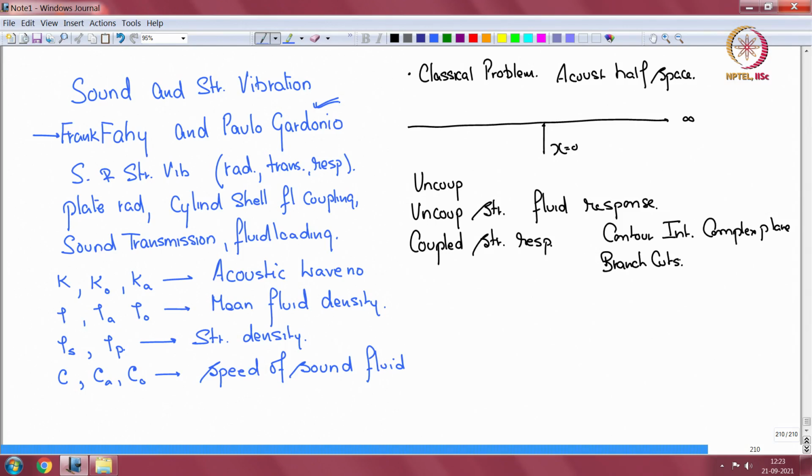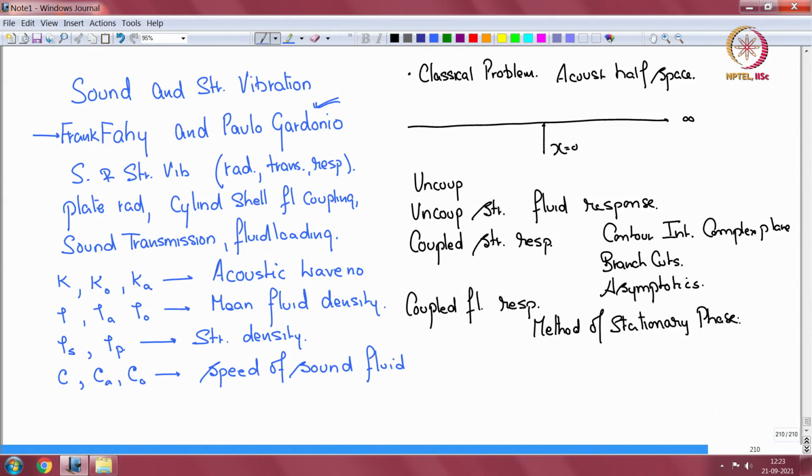Then we needed the coupled roots, so we used asymptotics to find the coupled roots. Then we looked at the coupled fluid response. And we required the method of stationary phase.